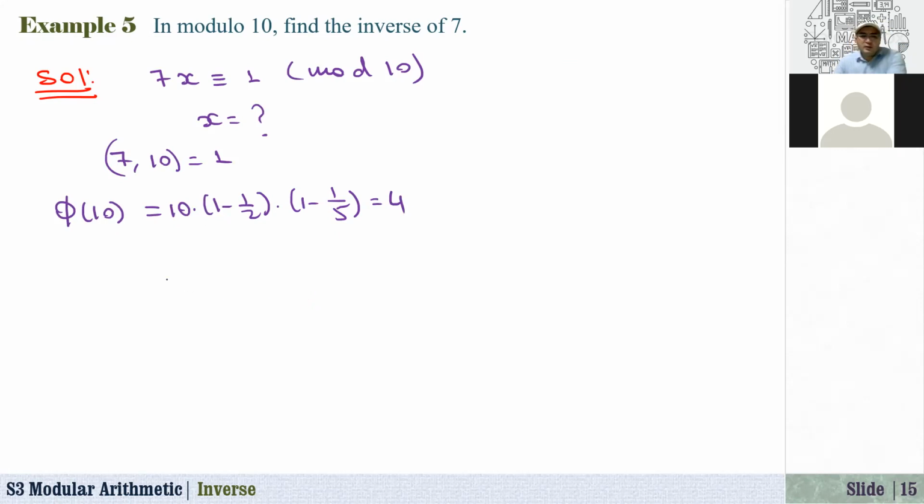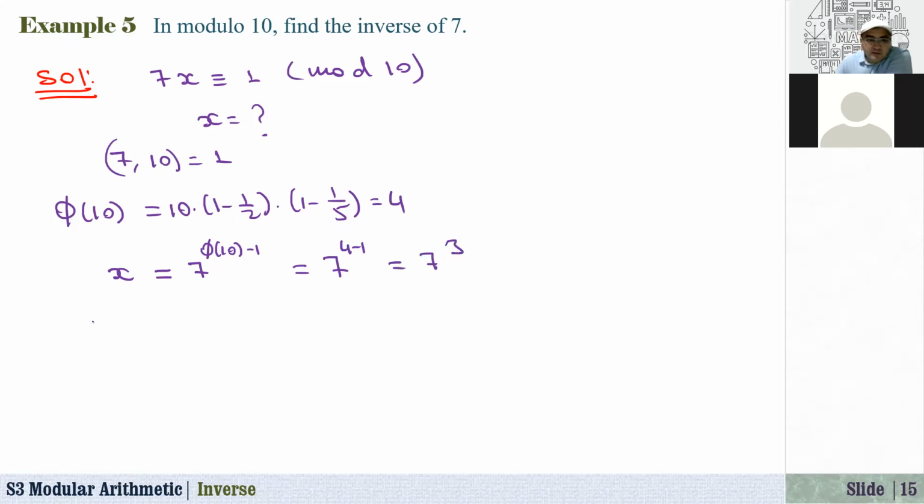So what is x then? This x is equal to 7 to the power of phi of 10 minus 1. What is phi of 10? It is 4. So 4 minus 1, that's equal to 7 cubed.